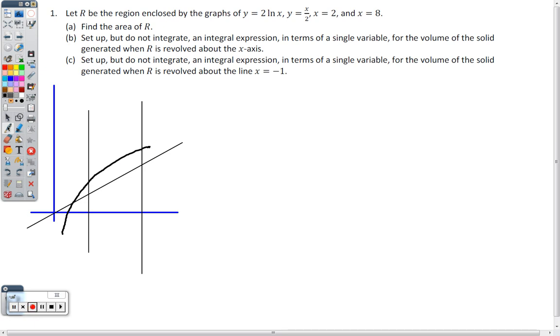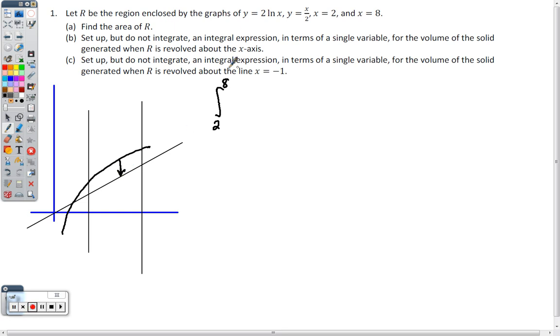Okay, so we're looking to find the area, which means we're going to integrate, as always. And we're integrating from, they gave us nice bounds, from 2 to 8, so we don't even have to try and find anything here. And the area means we go from the top curve to the bottom curve.